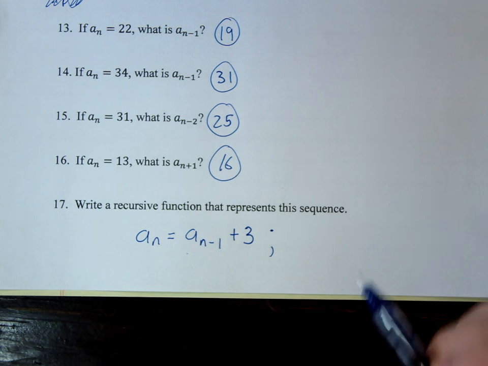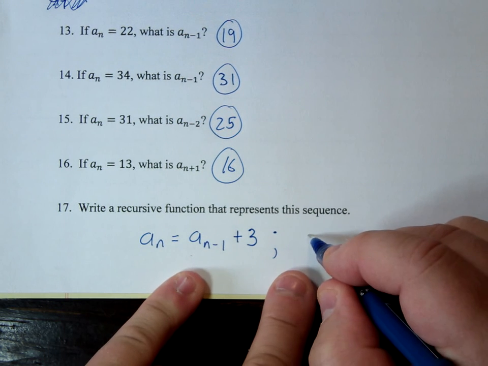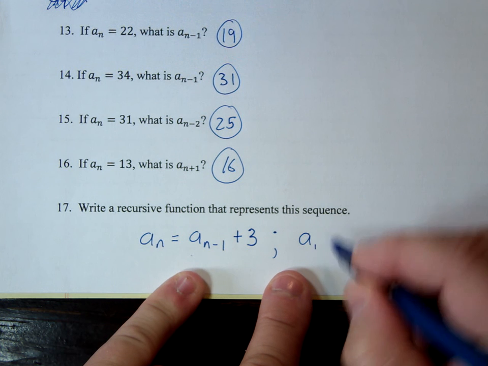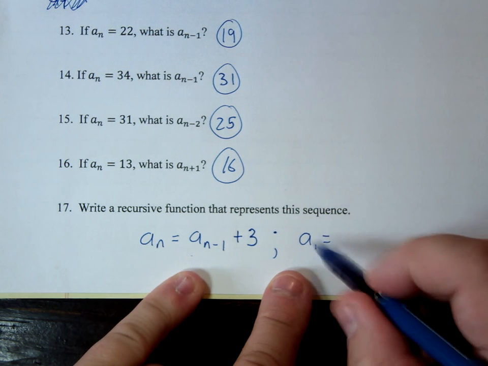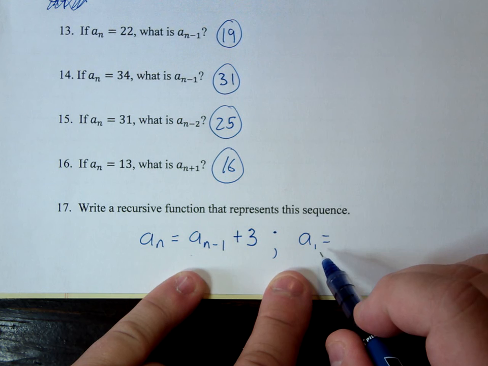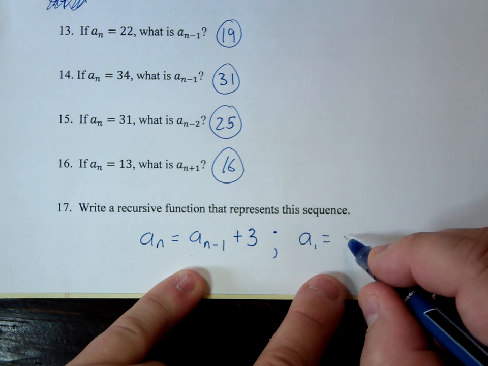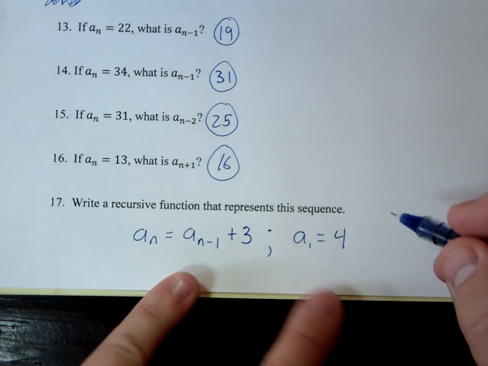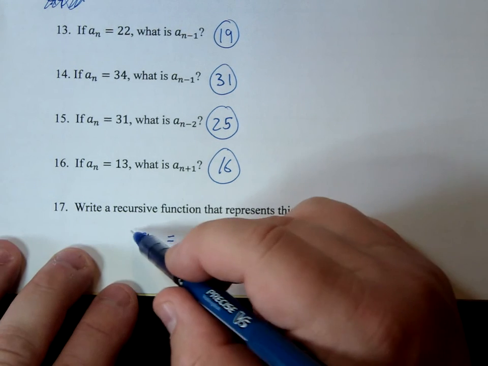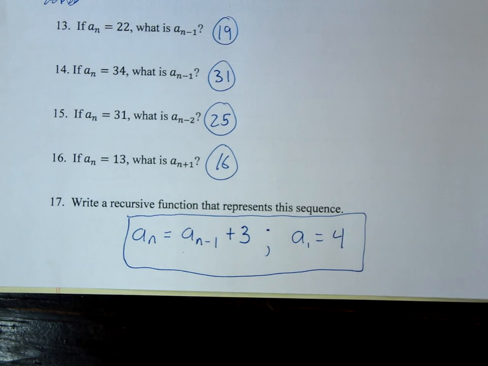So in any recursive function like this, you have to tell also what is the beginning. That's why I'm saying that a sub 1 is important, because that's where you begin. So not only are you adding 3 every time, but you always start with the number 4 for this pattern. So that is your recursive function. All right, just basic so far.